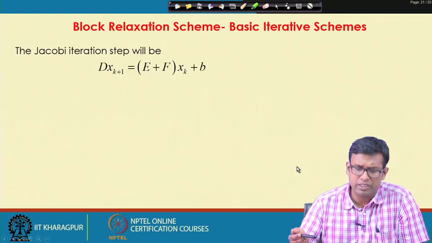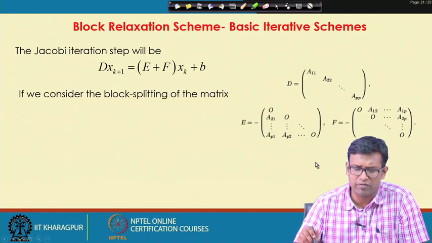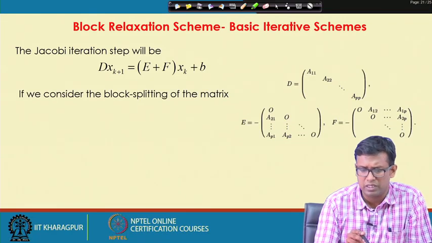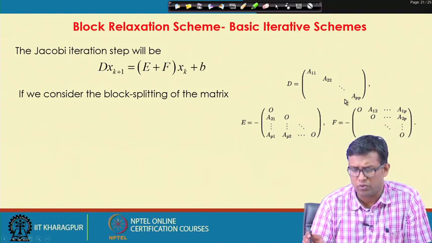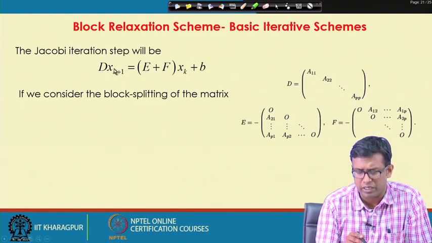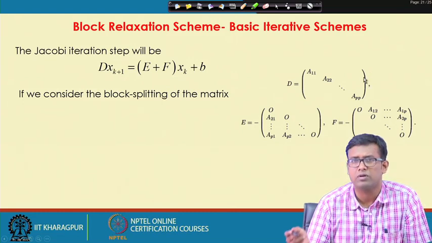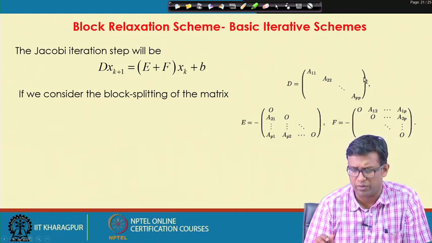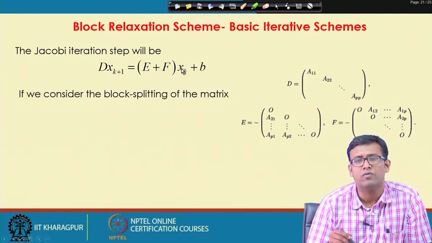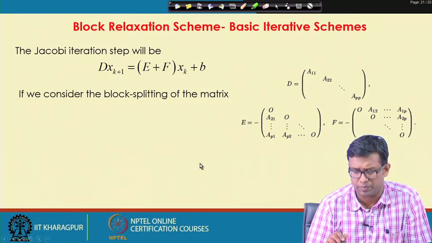So, the Jacobi iteration step is D x^(k+1) = (E+F) x^k + b. If we consider the block splitting of the matrix, this will be A11, A22, etc. So, this is one block of the matrix multiplied with the solution value that we have to find out, and E plus F will be multiplied with x^k, which is the last available value.